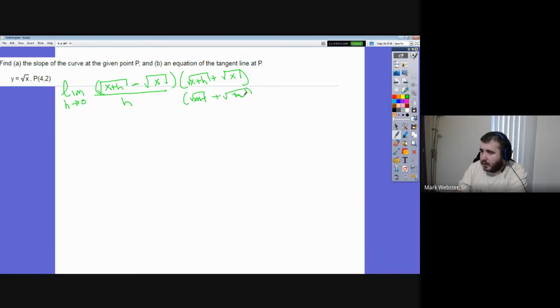And again, don't distribute this in. You don't need to. Just leave it alone. Remember, when you multiply a difference of squares thing like this, where this is the minus, this is the plus, but it's the same otherwise, it's just first term squared minus second term squared.